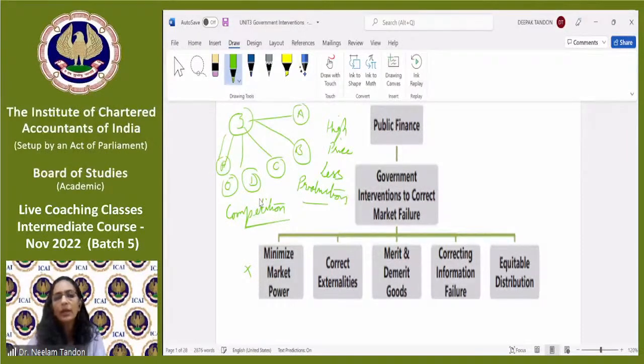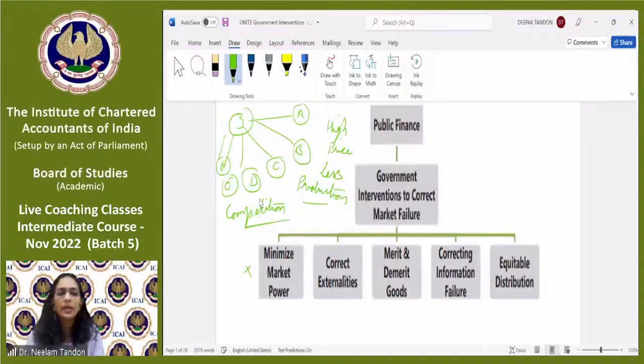Airtel was also there, but Vodafone was charging high price. But when Jio came, prices reduced because the market power got diluted between the different players. And that helped too. So that's the role of the government. Government had gone for 2G, 3G spectrum, which made these players enter the market. So this is how government can reduce market power. This will help to control market failure.